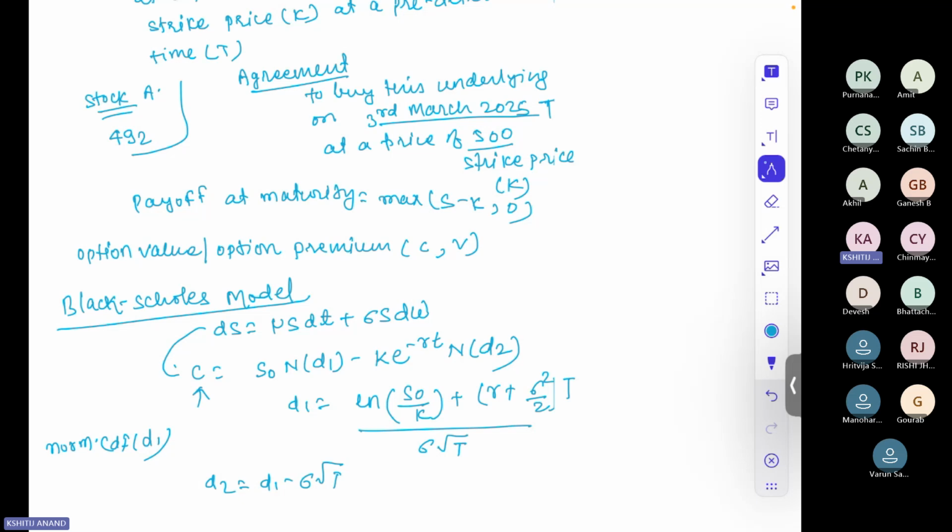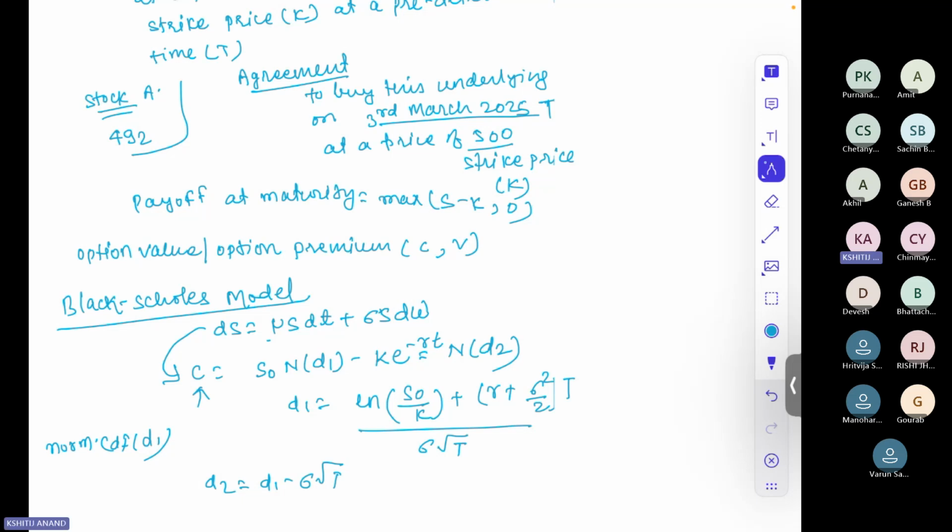Okay, so the Black-Scholes model assumes, first of all, that sigma, which is the volatility, is constant, right? The risk-free rate is also constant according to the Black-Scholes model. Other assumptions are that there is no arbitrage opportunity in the market. What do you mean by arbitrage opportunity?